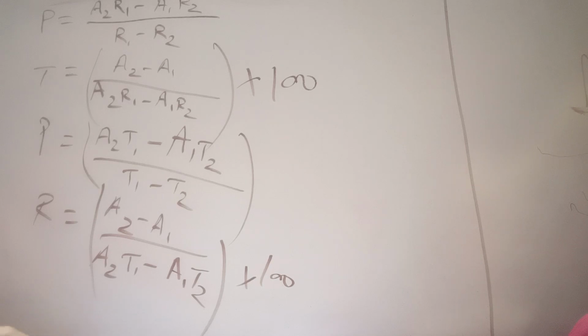Let's see some examples so that we can understand. Suppose one question is, a certain sum in a certain time becomes rupees 500 at the rate of 8% per annum simple interest, and the same sum amounts to rupees 200 at the rate of 2% simple interest in the same duration.